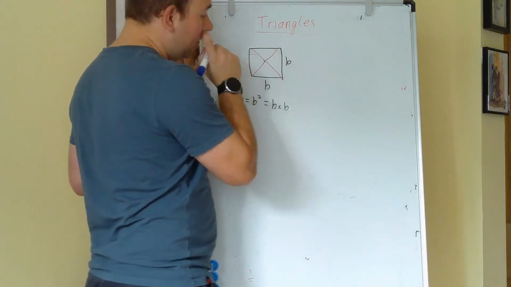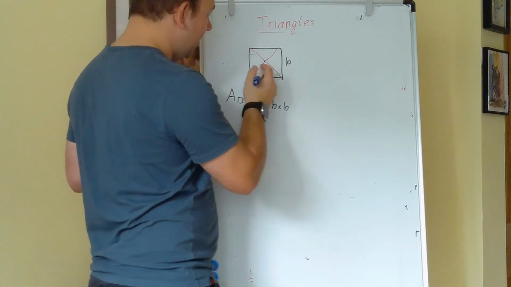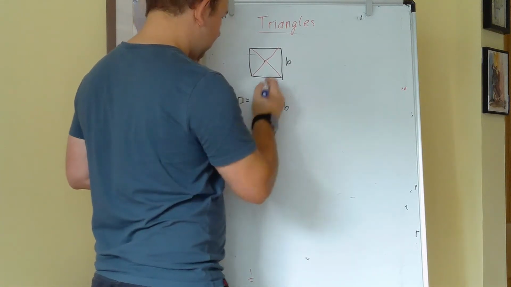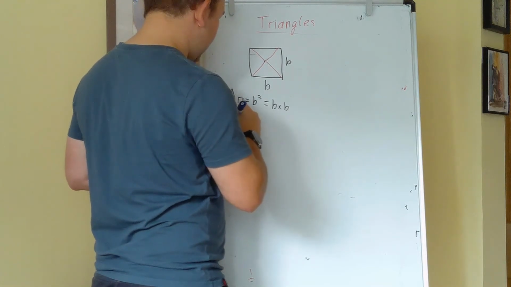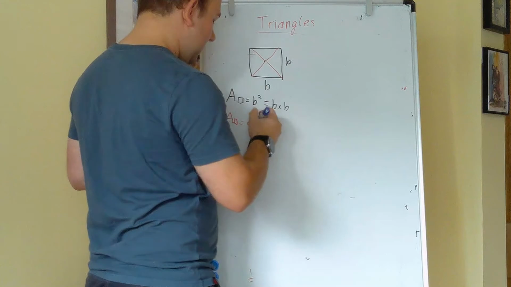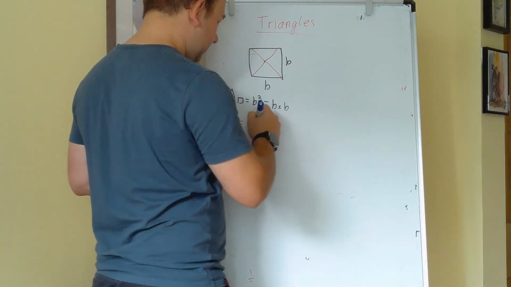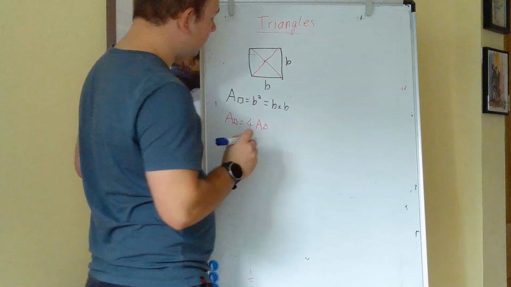All these lengths are going to be the same, and therefore we're going to have the area of the square is equal to 4 times the area of the triangle.